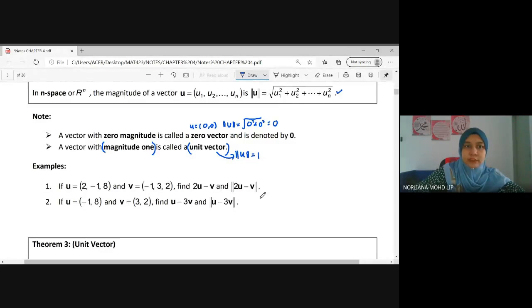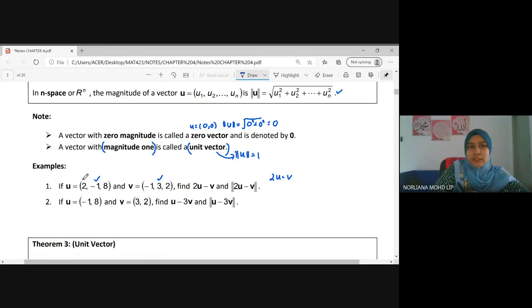Okay, look at this example. If u equals this vector in 3-space, and v is this vector in 3-space, find 2u minus v, and then find the magnitude of 2u minus v. Before we find the magnitude, we have to find the vector 2u minus v. We use the previous properties.